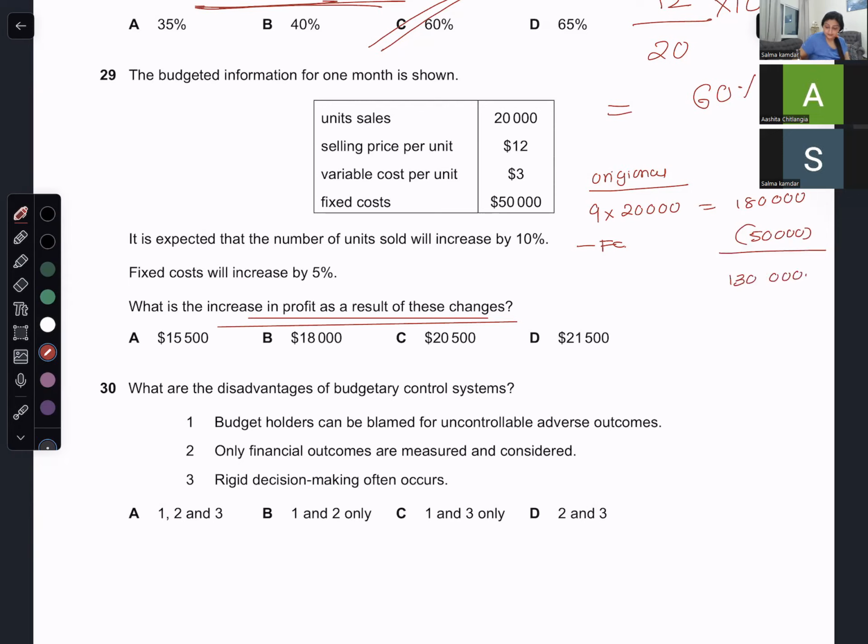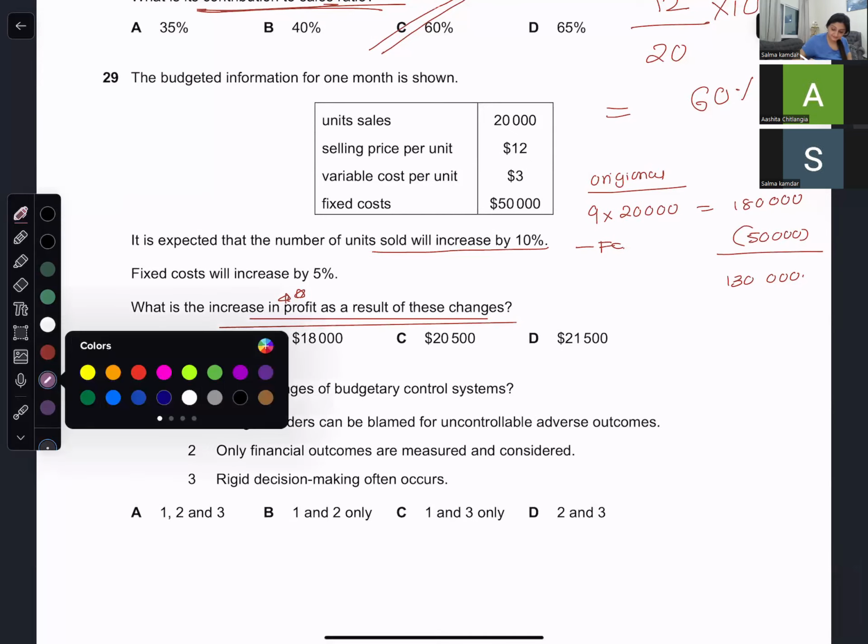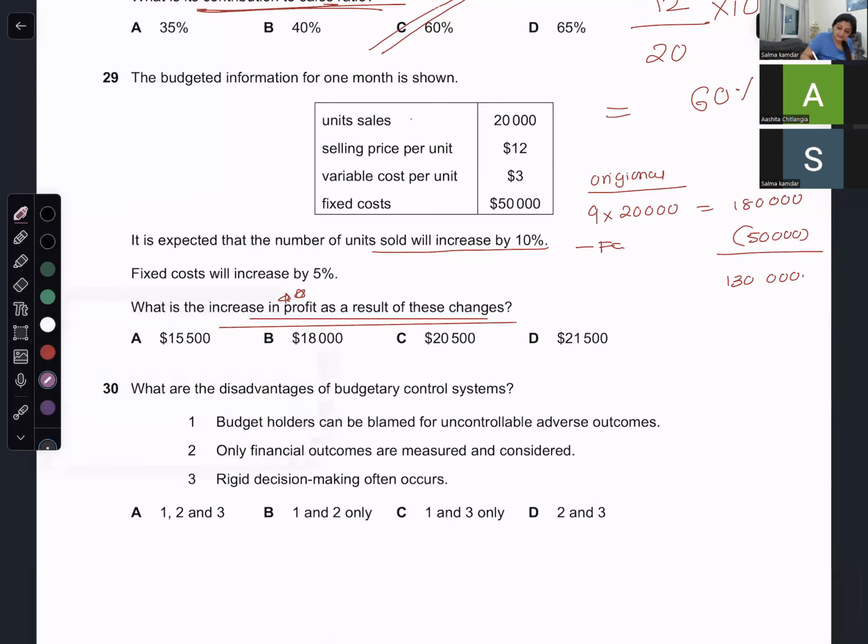Now what do they want? Increase in profit as a result of these changes. The number of units sold will increase by 10%. So can you give me 110% of the units sold? 22,000.